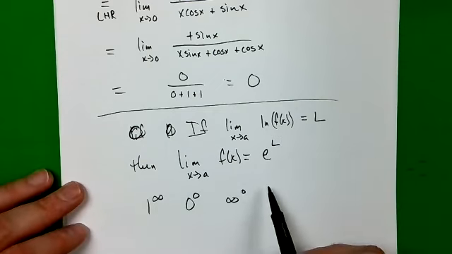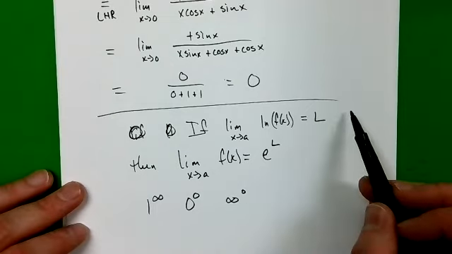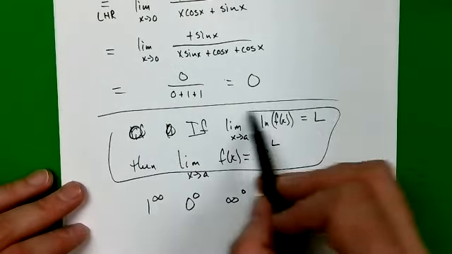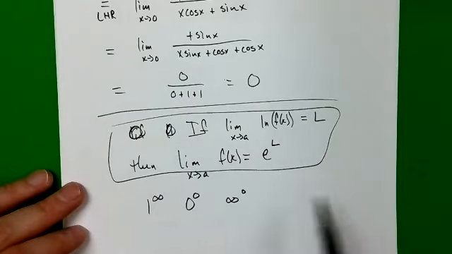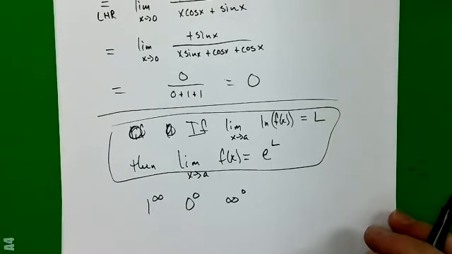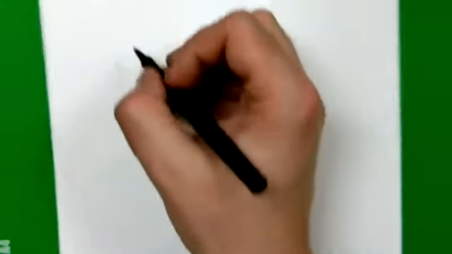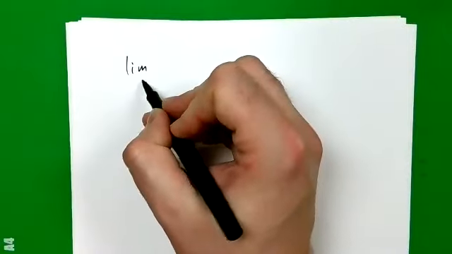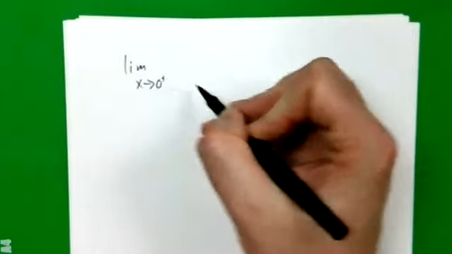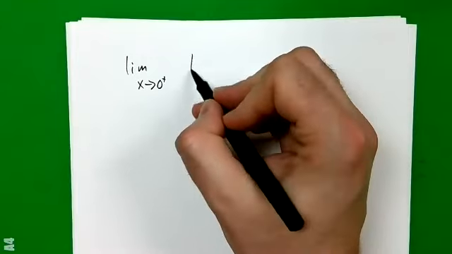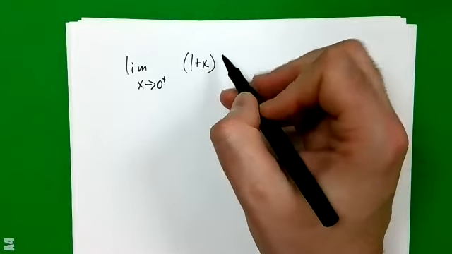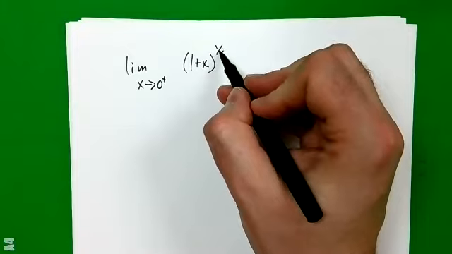Essentially, we can use this property to bring our powers down. As an example, let's take the limit as x approaches 0 from the right of 1 plus x to the 1 over x.